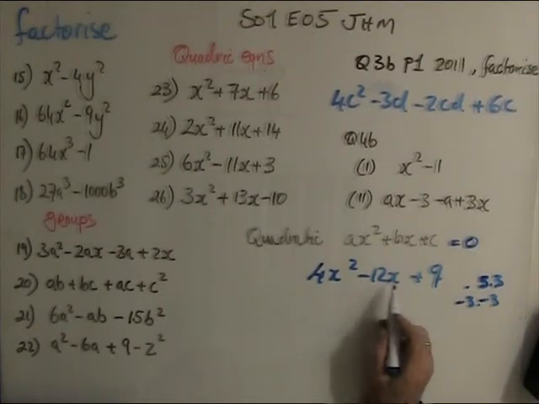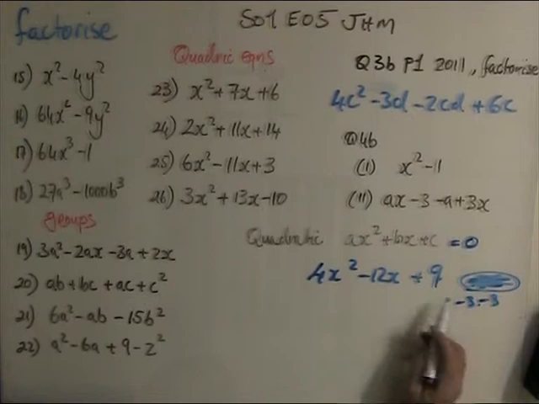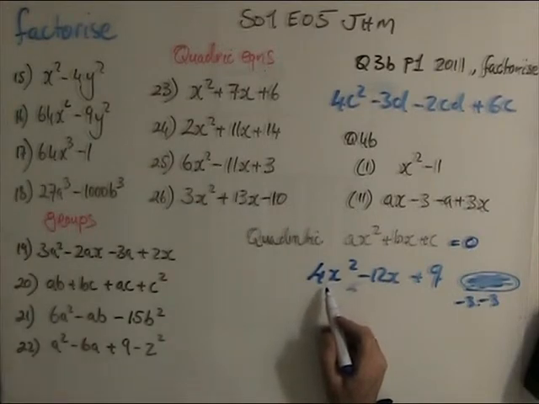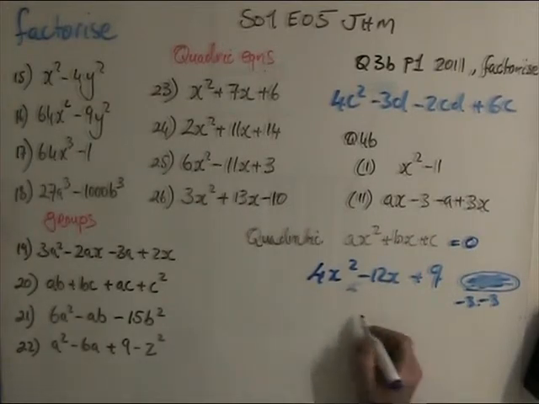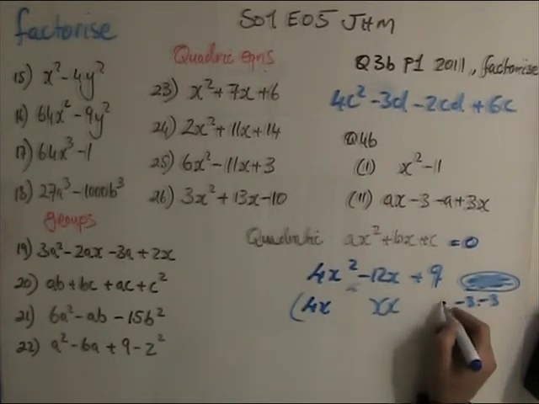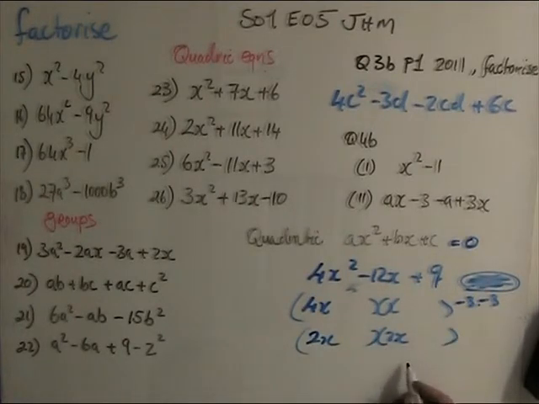We have a minus number here, so we're only interested in the minuses. That should be apparent. Now we know that 4x squared can be 4x by x, because that's a factor, but it's also 2x by 2x.